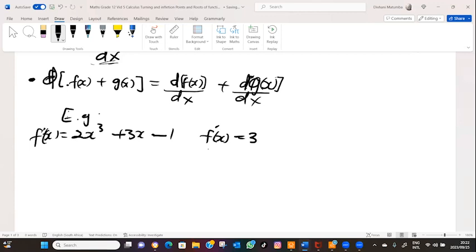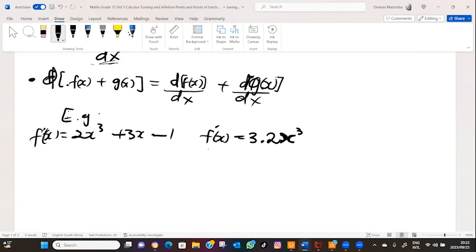We bring down 3, and then we multiply it with the original expression to the power of 3.